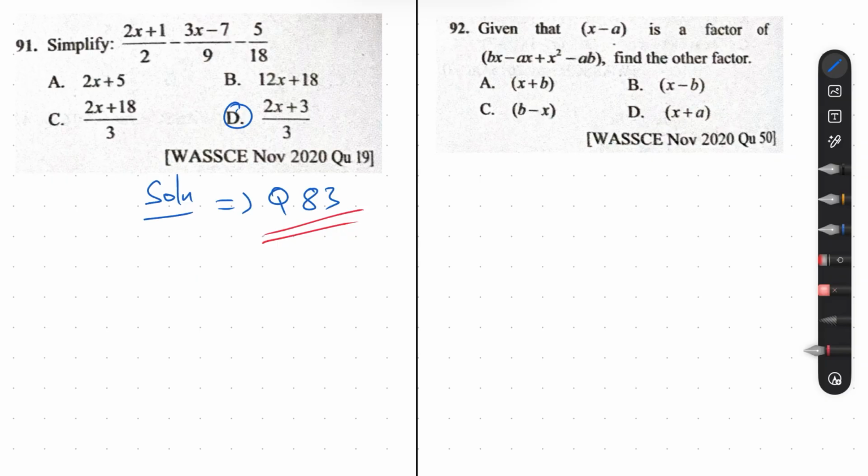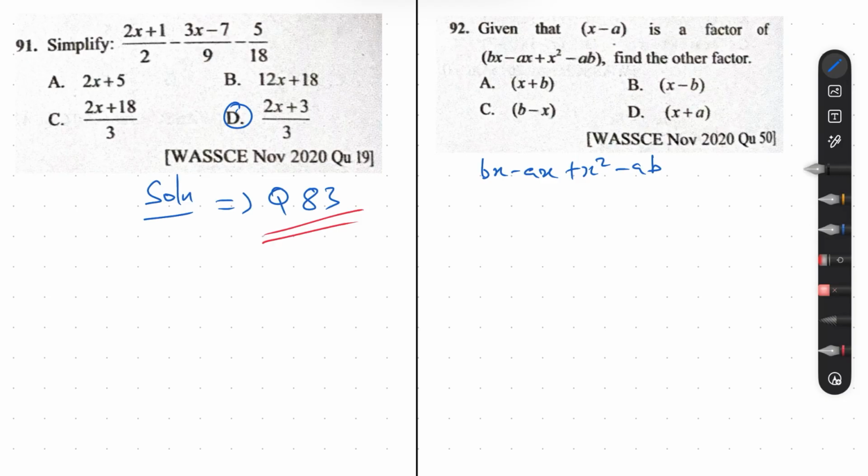It says, given that x minus a is a factor of this, find the other factor. Actually, what we can do is just try to factorize this. So let's write it. We have bx minus ax plus x squared minus ab. Now let's rewrite this in the form of a quadratic.